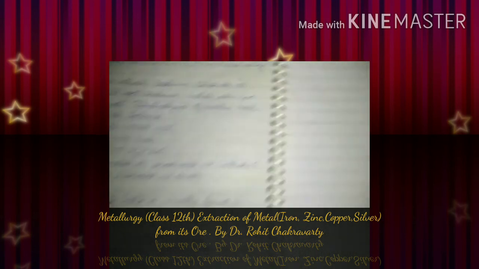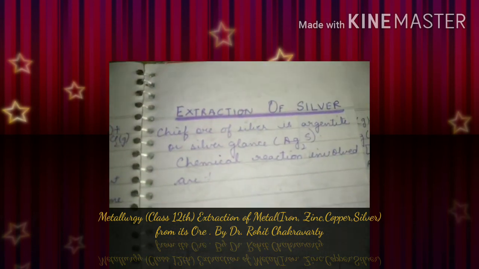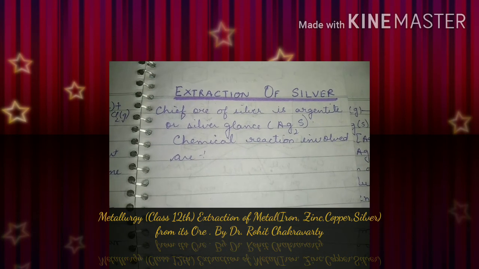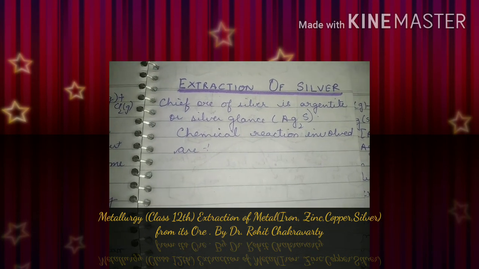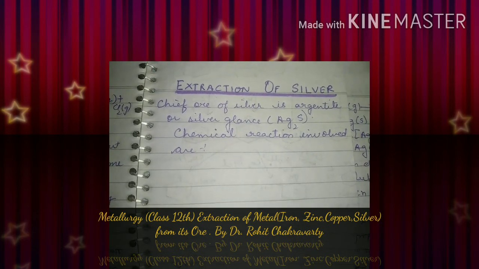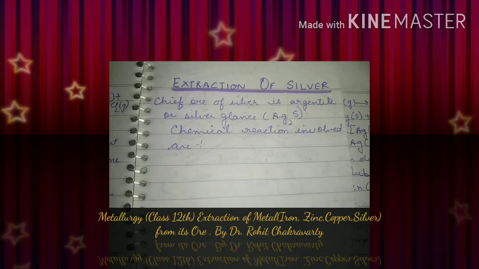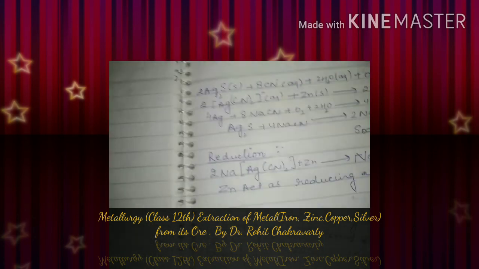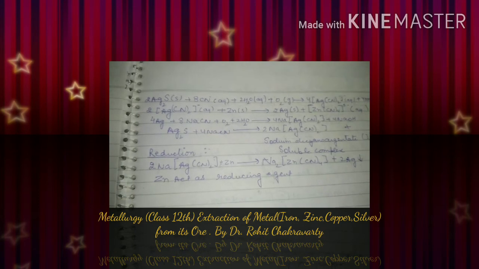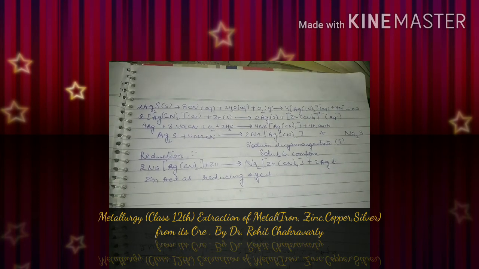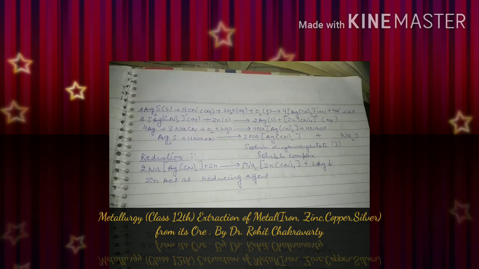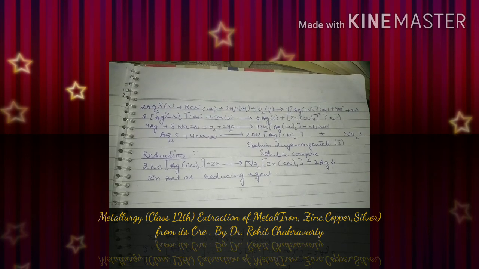Okay. Now coming on to the extraction of silver. The chief ore for silver is argentite or silver glance. The chemical reaction involved in this process is this one. Here you can see, this is the reaction, how it happens.